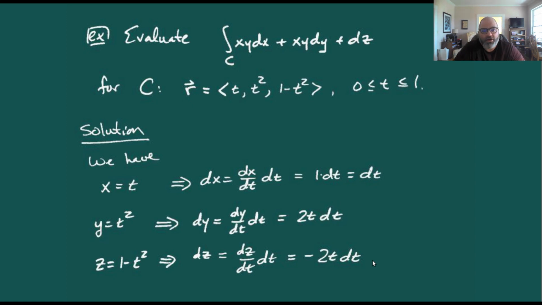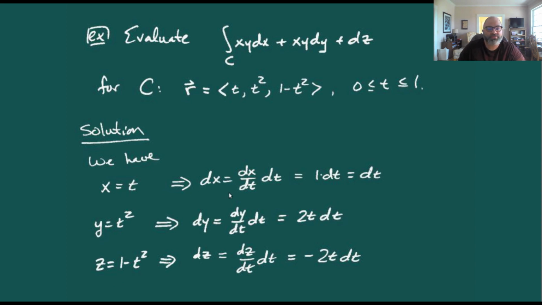Looking at our other form, what would one of those look like? If we were given the line integral over C of xy dx plus xy dy plus dz, for our curve they give us the parameterization x equals t, y equals t squared, and z equals 1 minus t squared, with t going from 0 up to 1.